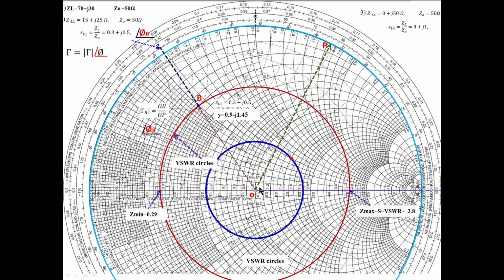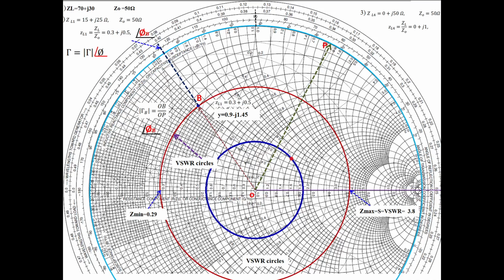Next, OP remains the same if you use the same Smith chart. If you take a different Smith chart, you have to measure again how many centimeters it is, because in a Xerox or printout the chart may be enlarged or reduced in size.